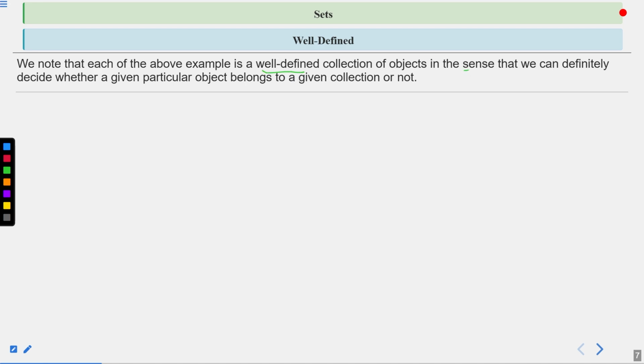A collection of objects is well defined in the sense that we can decide whether a given particular object belongs to the given collection or not. Simple. If you are able to decide that a given particular object belongs to the given collection or not, then it is well defined. Otherwise it is not.